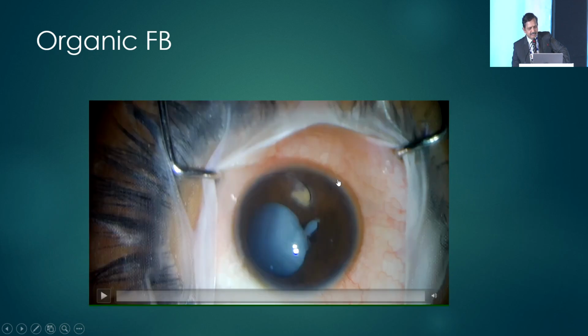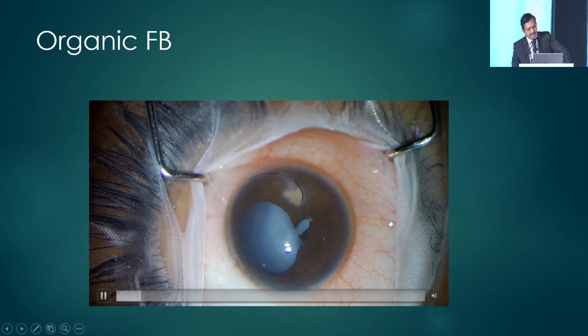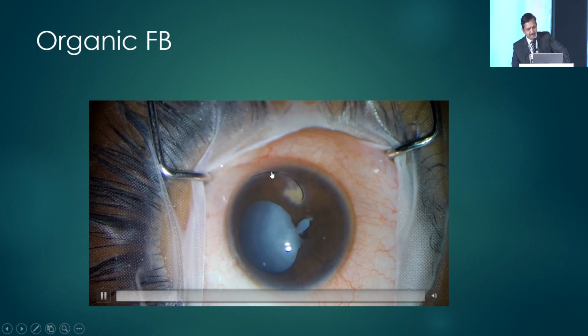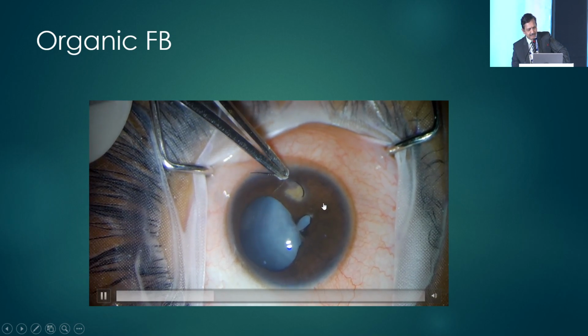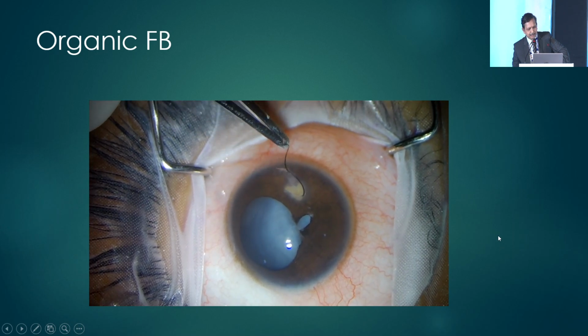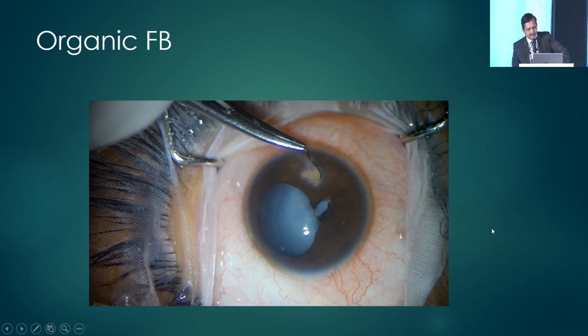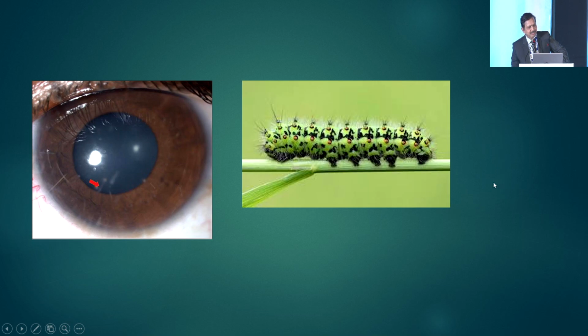And here there's a caterpillar hair which you can see. This is the hair follicle which is stuck in the cornea, which is removed like this. And now, Dr. Aniket showed beautiful slides on this particular thing, ophthalmia nodosa, following the injury with caterpillar hair.